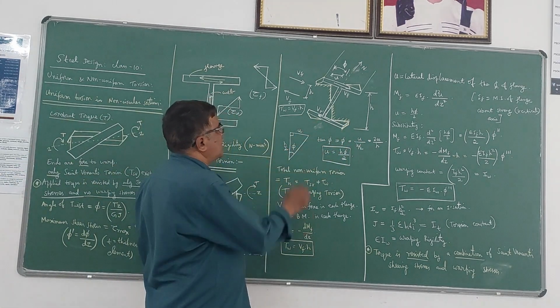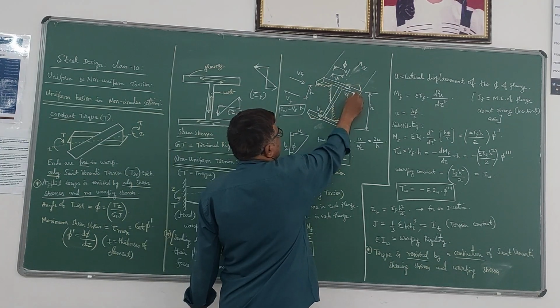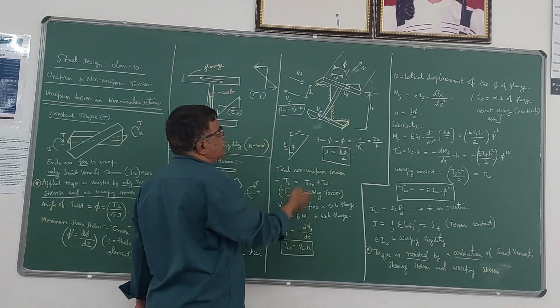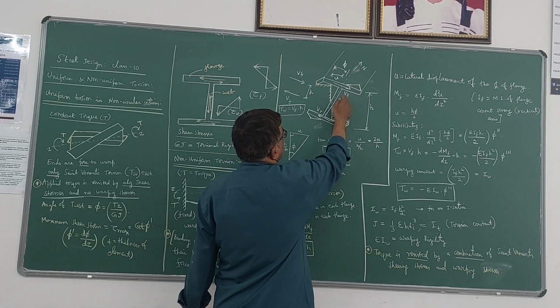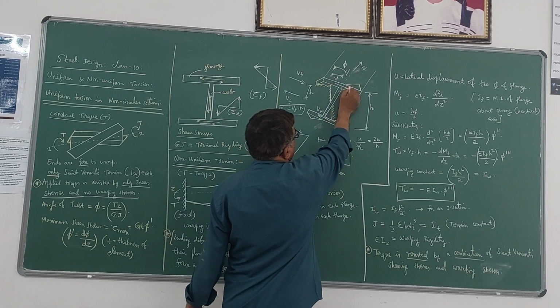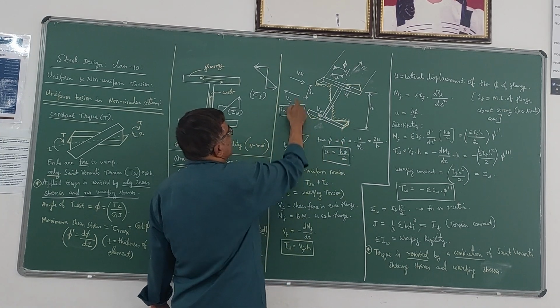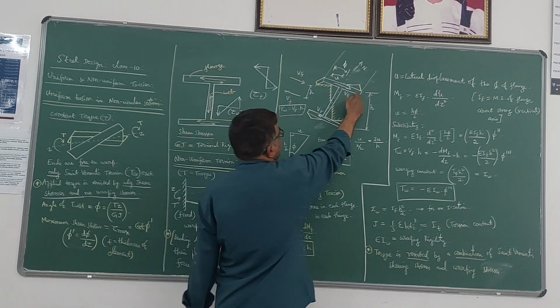Here also I have considered an I section like this. Vf is the shear force that is going to develop in the flanges. You can see that if Vf in this flange is in this direction, the Vf will be in the opposite direction here. I have shown here. And they are separated by a distance h.